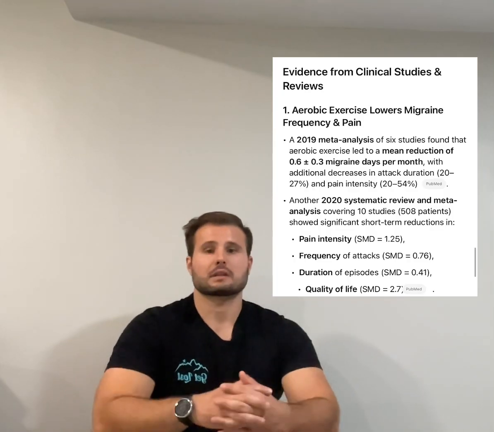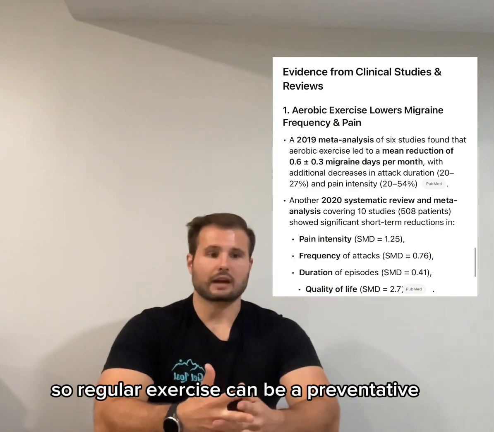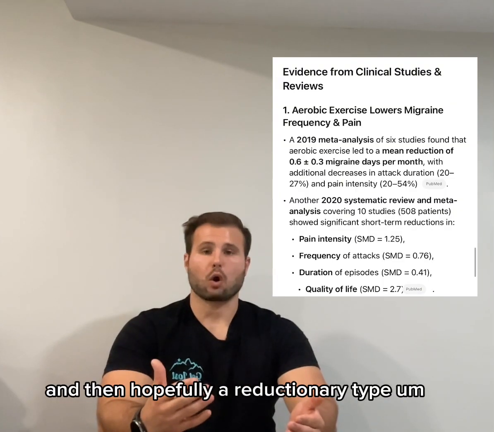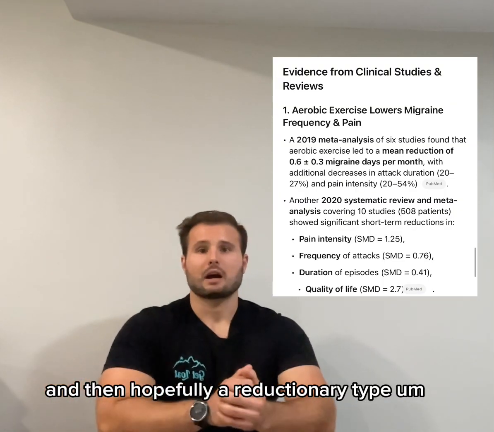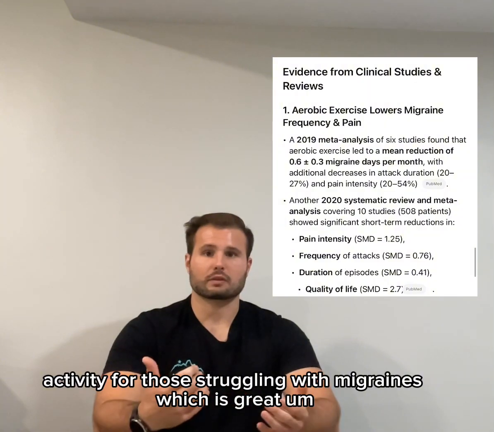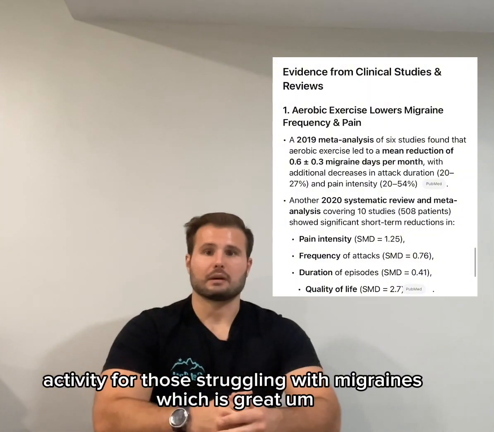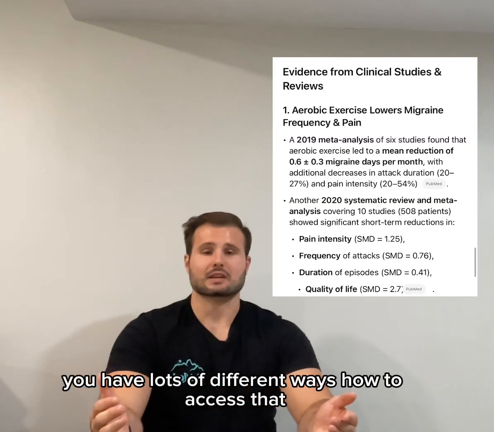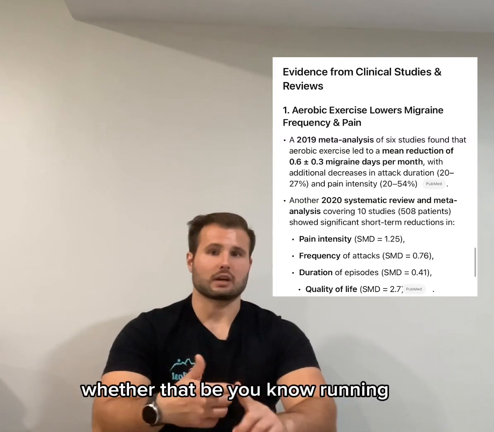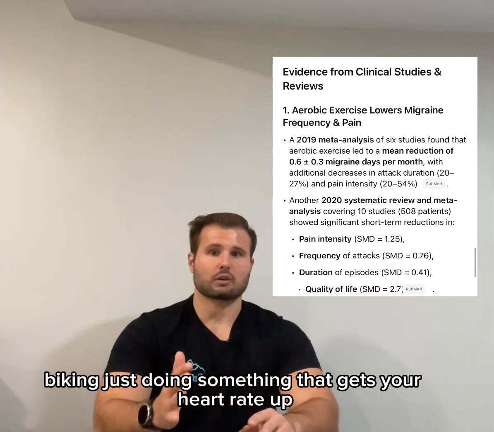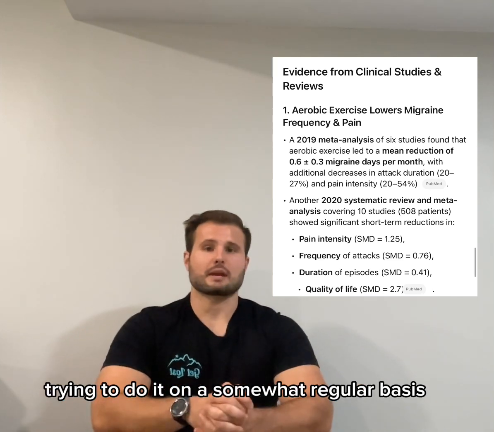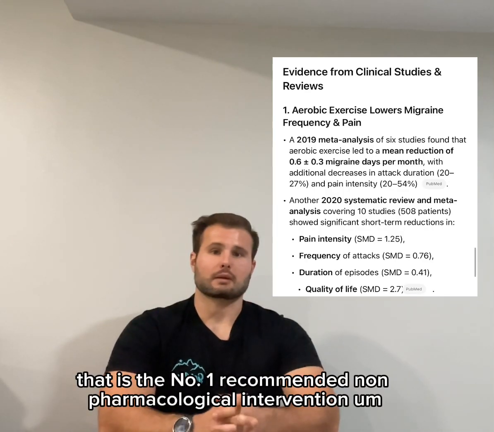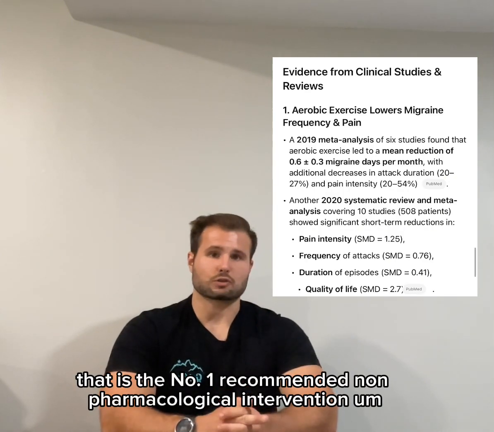Regular exercise can be a preventative and then hopefully a reductionary activity for those struggling with migraines, which is great, because with regular aerobic exercise you have lots of different ways to access that, whether that be running, biking, just doing something to get your heart rate up, trying to do it on a somewhat regular basis. If you're somebody who suffers with migraine, that is the number one recommended non-pharmacological intervention.